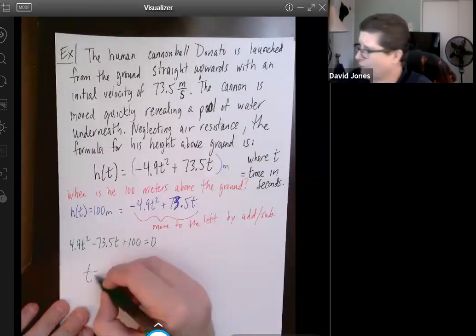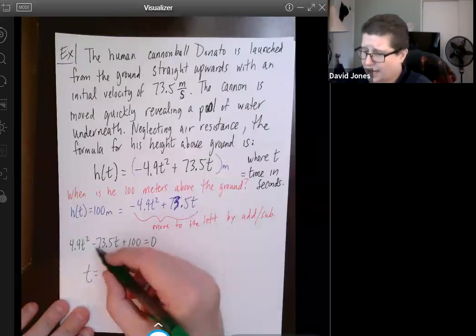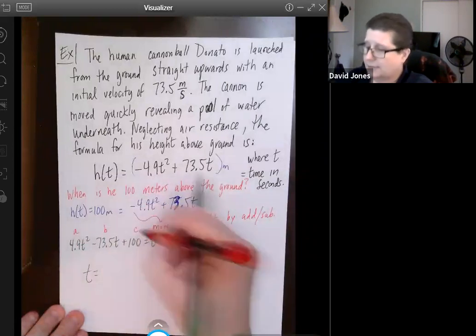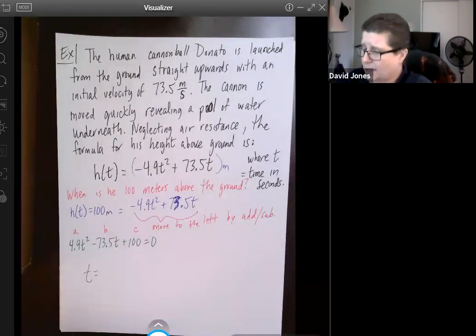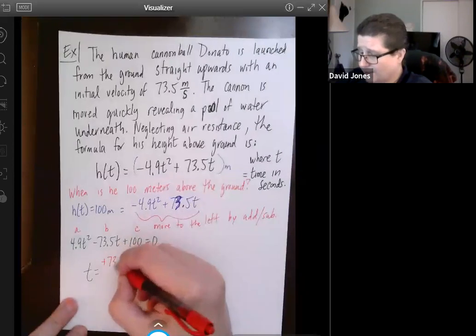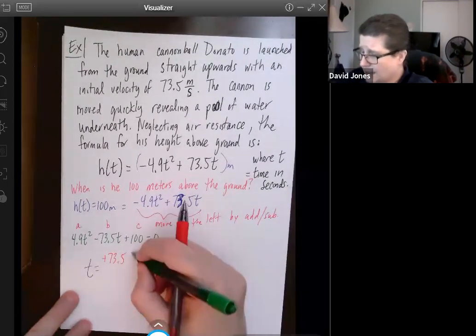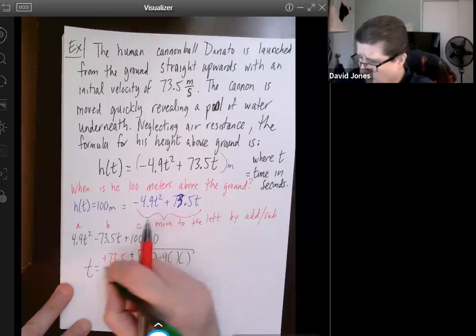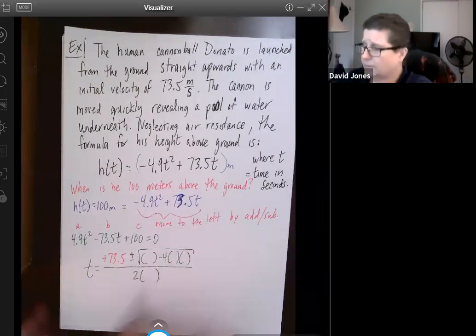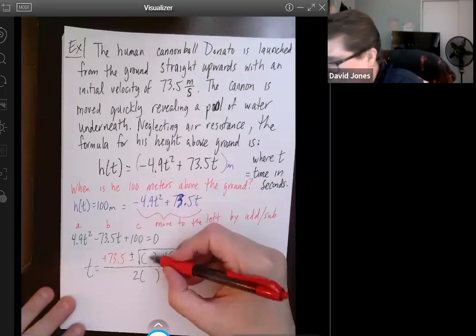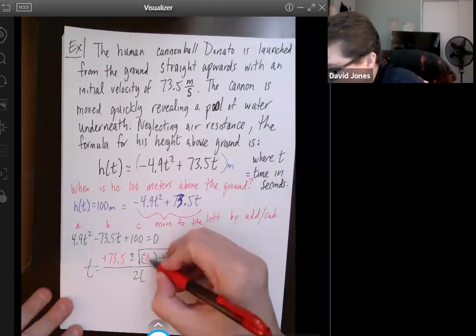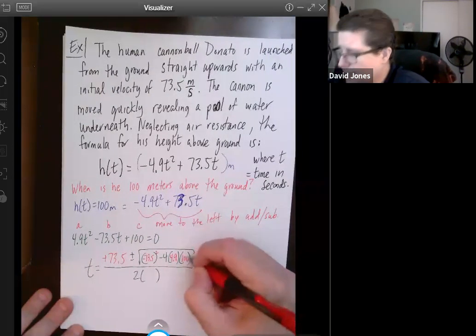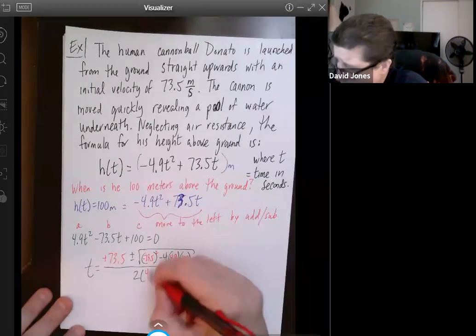So using the quadratic formula, t equals, well, negative b is positive, so this is my a, b, and c. Negative b is going to be positive 73.5. And then I've got plus or minus the square root of b squared, which is negative 73.5 squared, minus 4 times a, which is 4.9, times c, which is 100. 2a goes down here, it's 9.8.